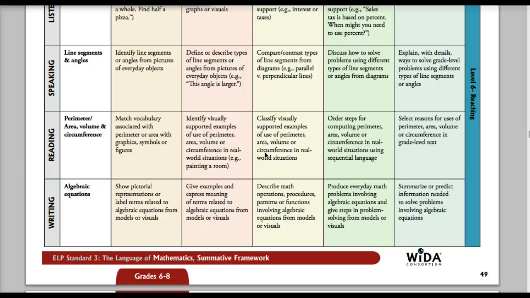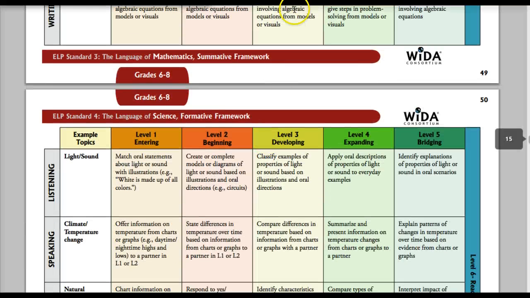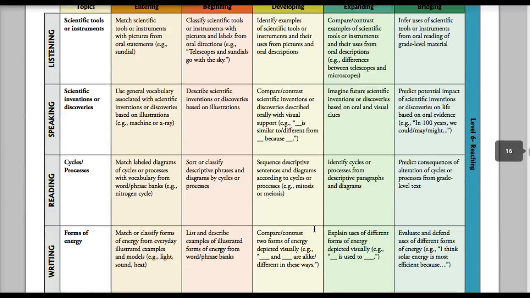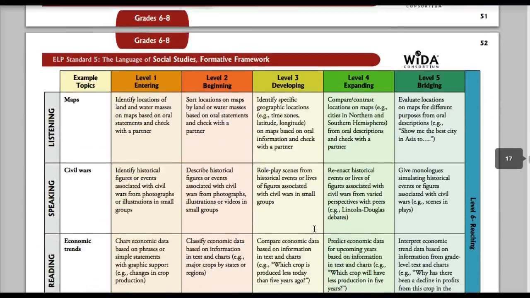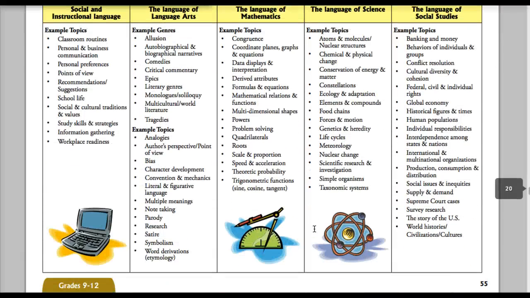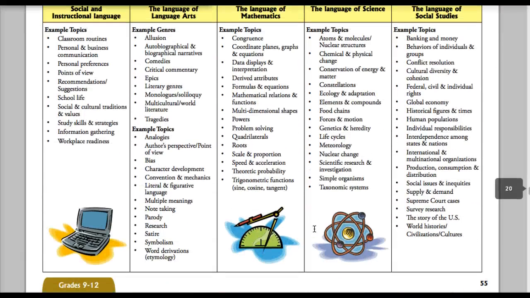So this is the 6-8, and if you continue to go on, then remembering the grade level clusters, it's going to move into the sample topics for 9-12, and again organized the same way.